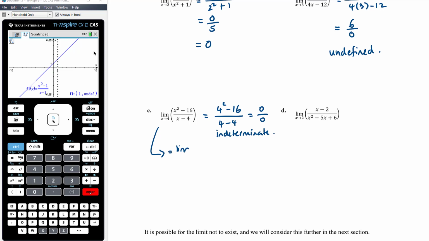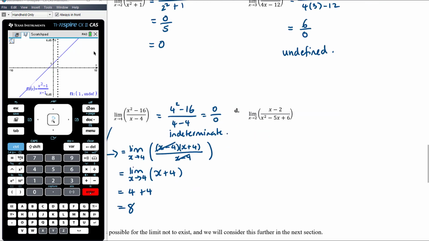This is equal to the limit as x approaches 4 of, that's a difference of 2 squares, x minus 4 times x plus 4 over x minus 4. The x minus 4s are going to cancel out. So I'm simply calculating the limit as x approaches 4 of x plus 4. Now I can substitute x equals 4 into that without creating an indeterminate expression. So I get 4 plus 4, which is 8. So the limit is 8.